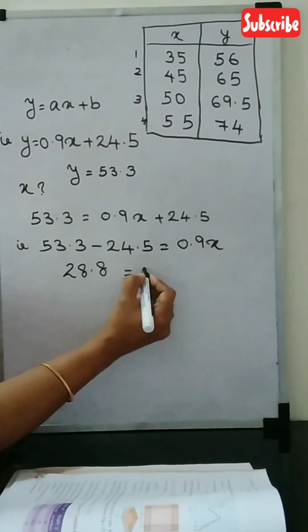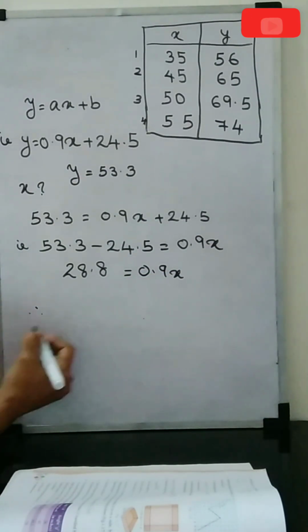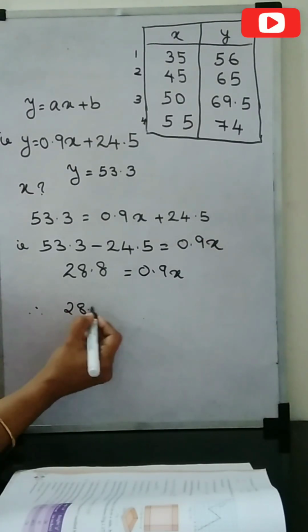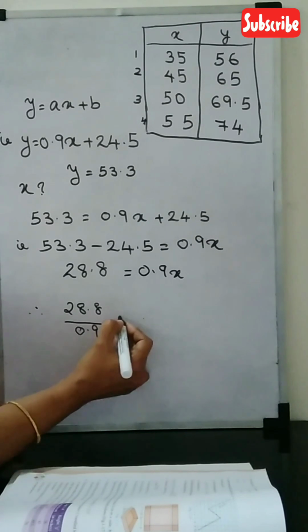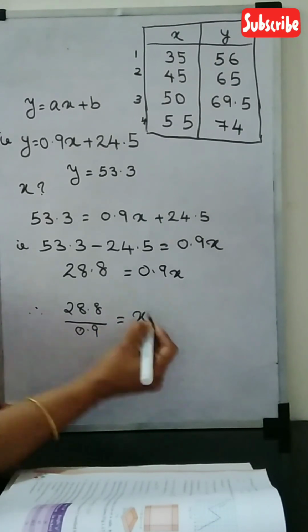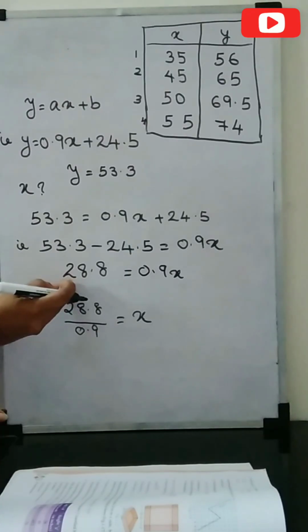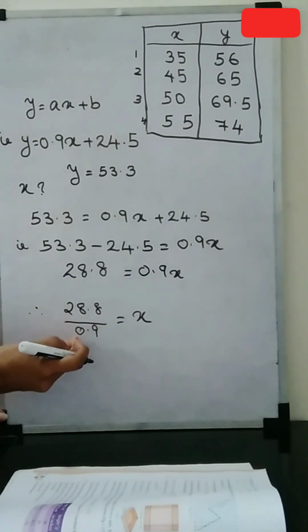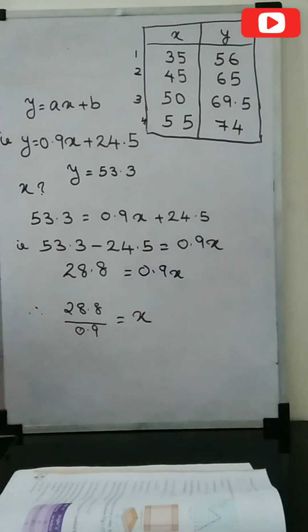Okay, 28.8 is equal to 0.9x. Therefore, 28.8 divided by 0.9 is equal to x. Isn't it? When this multiplication is brought to the other side, what does it change to? It changes to division. Okay. So 28.8 divided by 0.9 is equal to x.